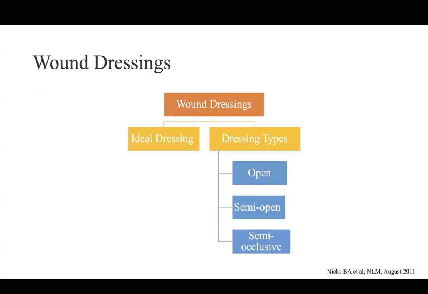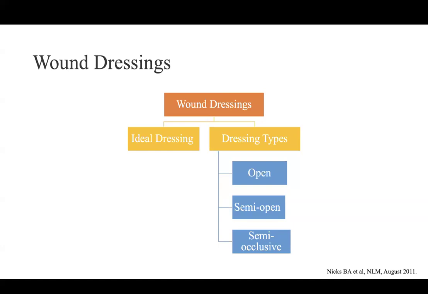Going to wound dressings, an ideal dressing is considered to have the following characteristics. It should absorb all of the excessive wound fluid while maintaining a moist environment, protect the wound from further mechanical damage, and prevent any sort of bacterial invasion.